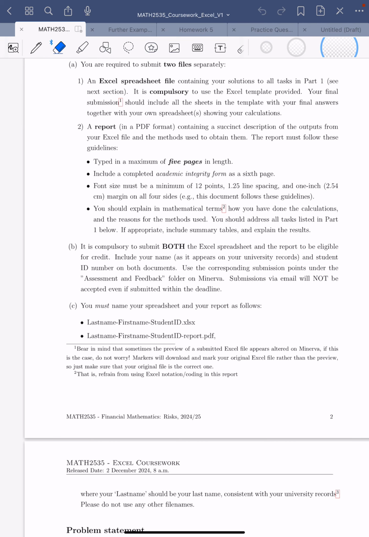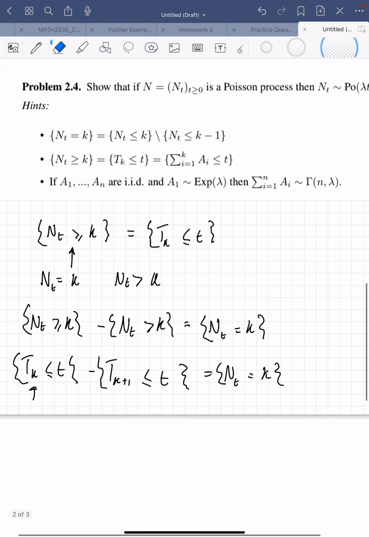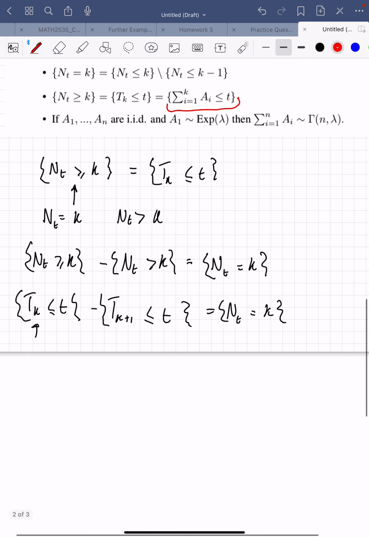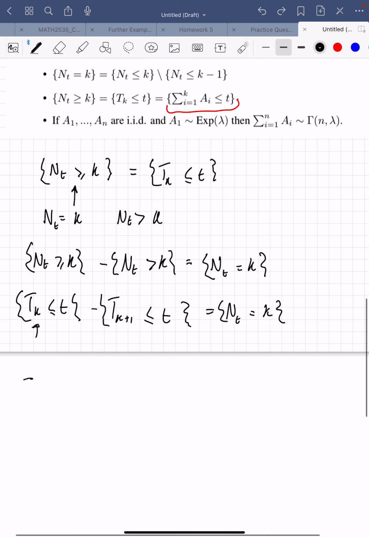So we have that, and then we know that this is equal to that, so we'll get that in terms of a. So we're saying that the sum from i equals 1 to k of a_i is less than or equal to t, which is this first section.